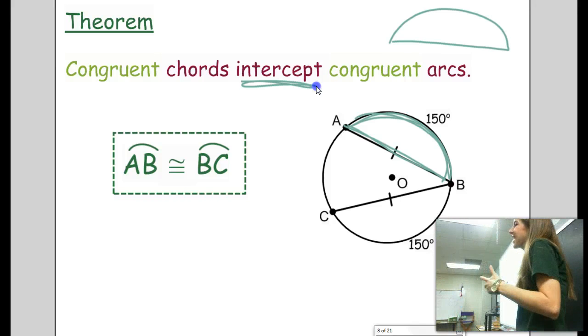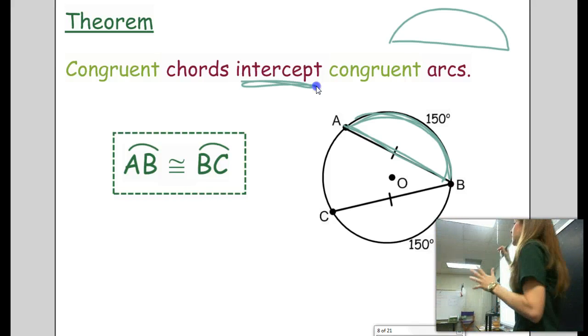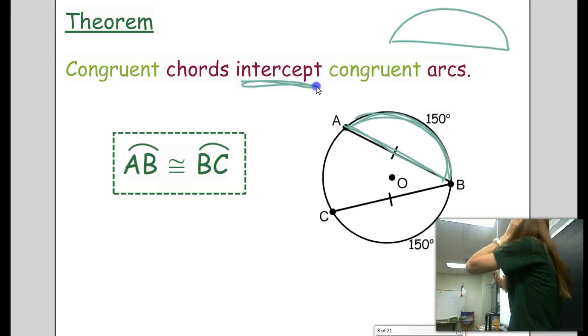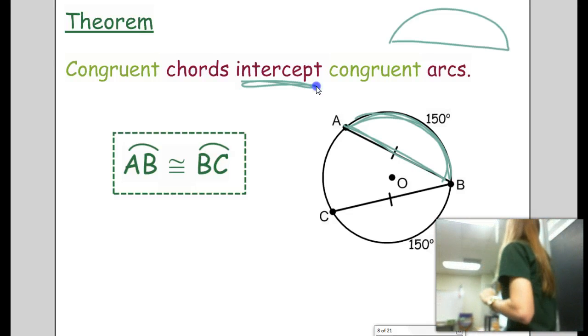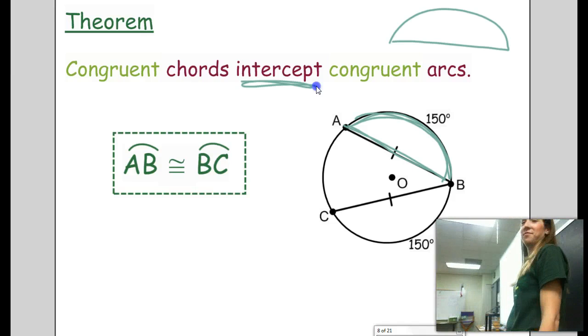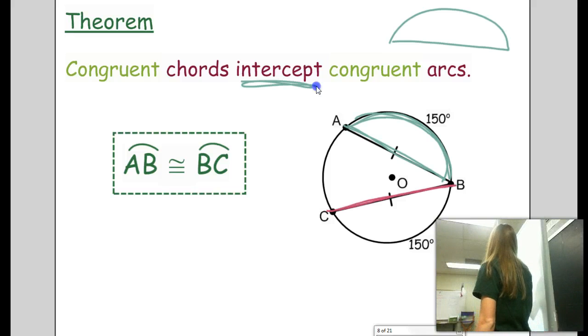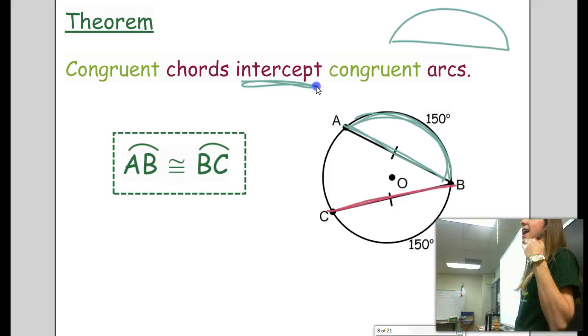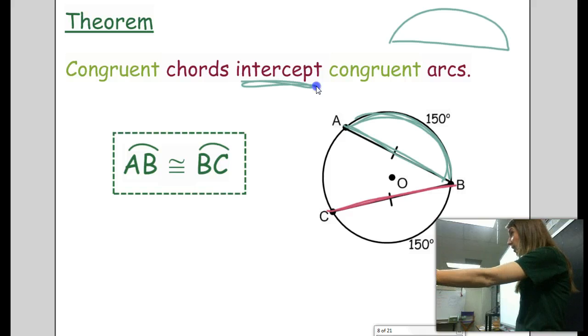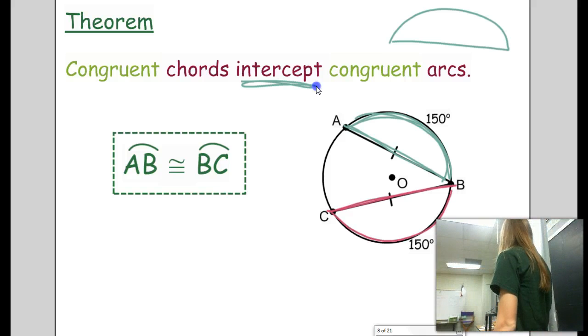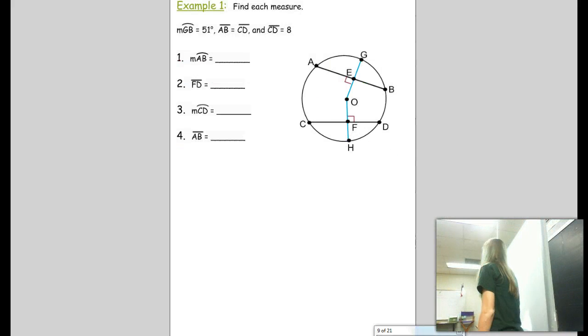I can't call it a semicircle. I don't know what to call that. Pretend it's kind of like a crescent. What chord and arc together would make that shape? A taco. There you go. A taco. So if I said, what arc does chord CB intercept? You would say arc CB. Brett's paying attention.